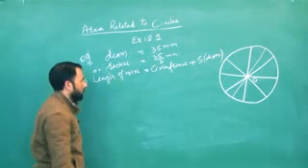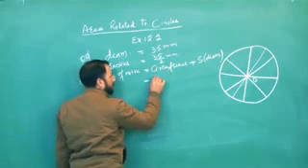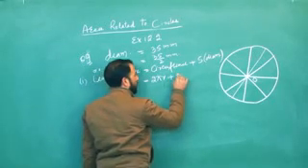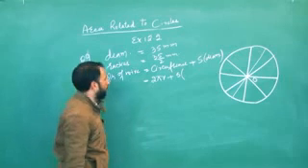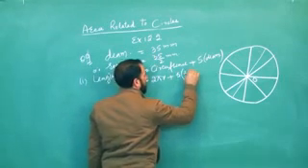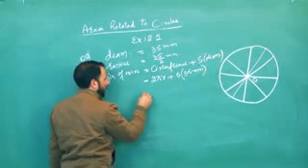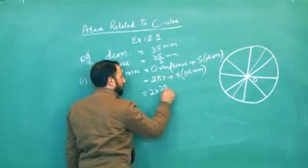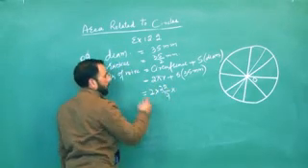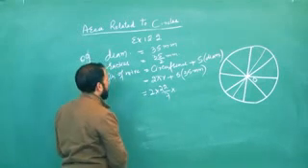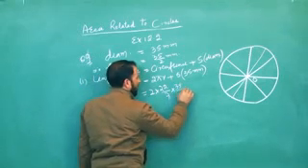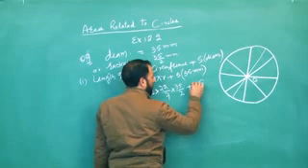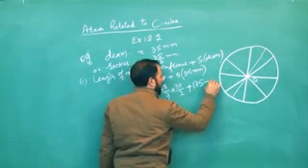So the circumference of the circular brooch is 2 pi r plus 5 into diameter. What is the length of a diameter? It is given 35 mm. So here it is 2 into 22 by 7, the value of pi, into r, the radius, that is 35 divided by 2 mm, plus 5 into 35, which is 175 mm.